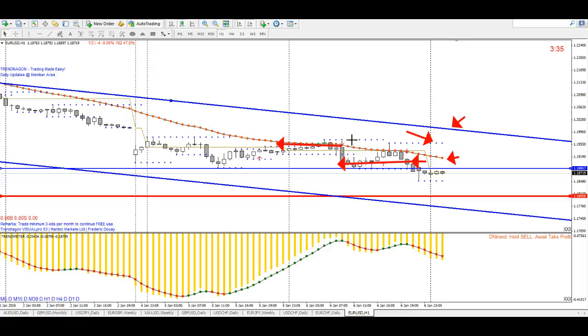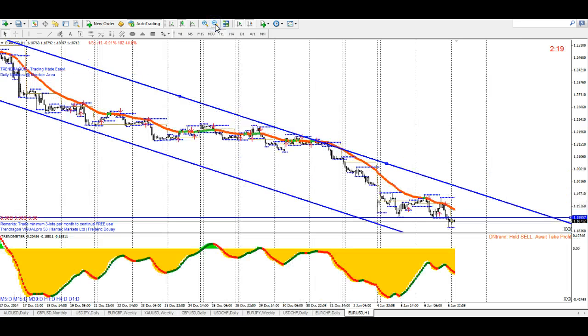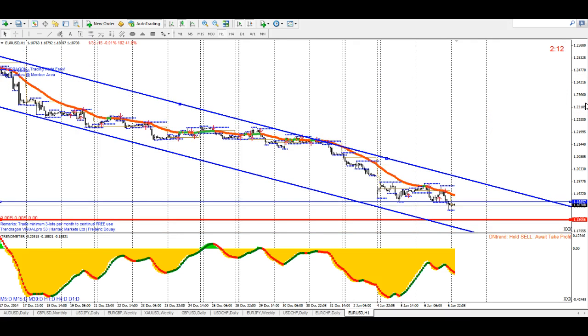There are too many obstacles before we go up. You would want to make sure that you get a reversal pattern before you go on the upside. And right now, I don't think we have a very strong reversal pattern at play. Certainly not on the hourly chart, and I didn't see any on the daily chart or weekly chart right now.